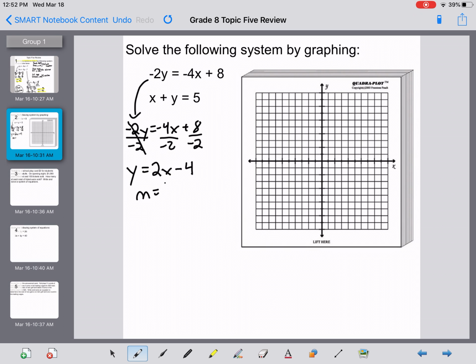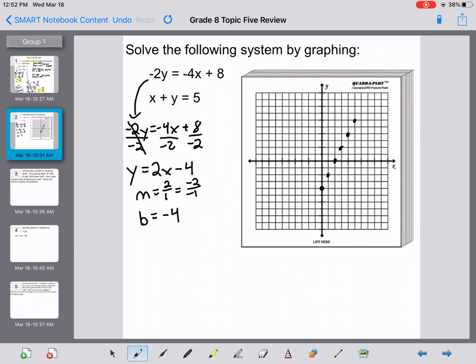My slope here is 2 over 1, or I can write it as negative 2 over negative 1. And my y-intercept is negative 4. So when I graph that, I'm going to start my graph at negative 4, and then I can go up 2 and to the right 1, up 2, and to the right 1.